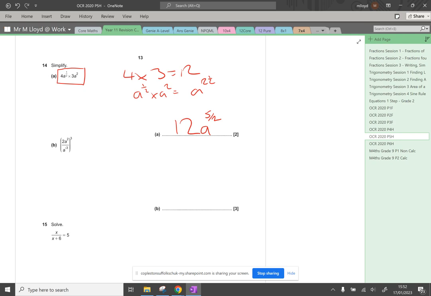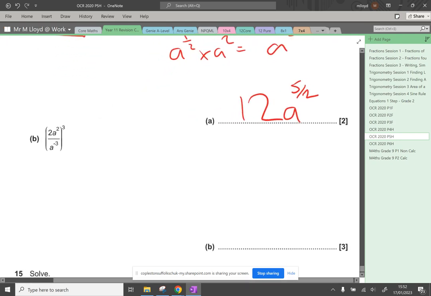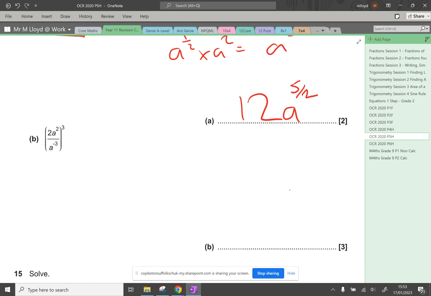Okay, for b, I'm going to zoom in a bit here, we need to apply the power on the outside of the brackets first. So 2 cubed is 8. A squared being cubed is, let me get this right, 2 times 3. So we have a to the 6.